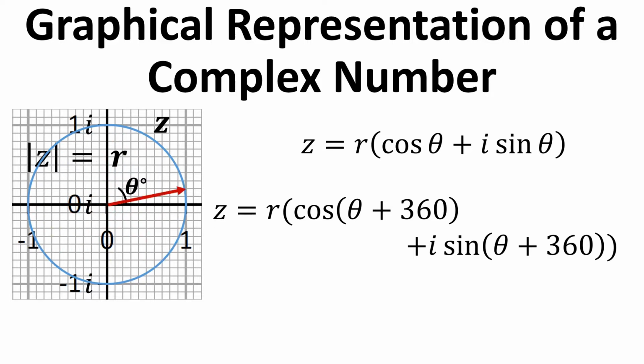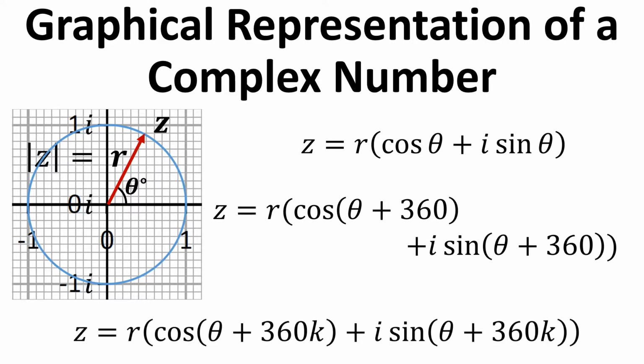And in fact, we can spin this round by 360 degrees and do a full turn as many times as we want, and we'll still have the same complex number z. So in fact, we can write z equals r, open brackets, cos theta plus 360k plus i sin theta plus 360k. And k is just the number of full turns that we've done around the 0, 0 axis.